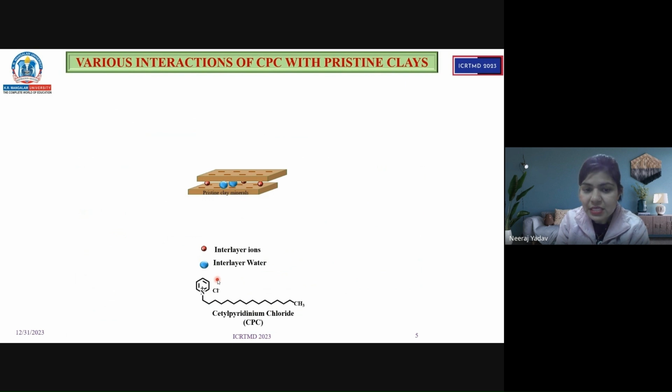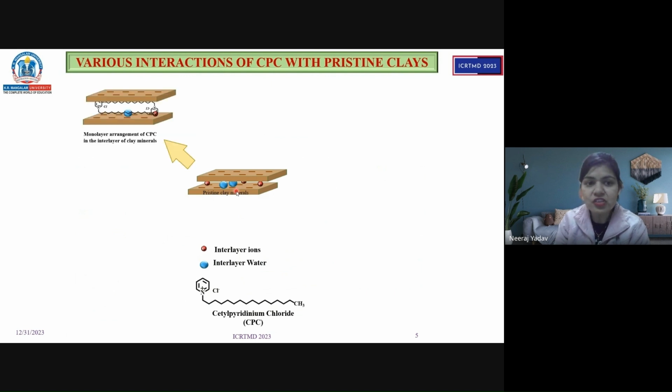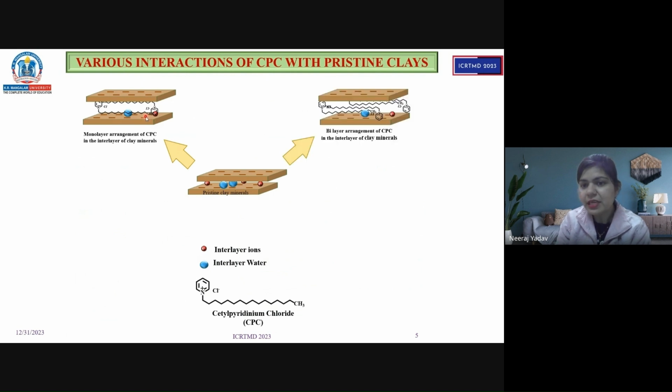When cetyl pyridinium chloride interacts with the pristine clay minerals, there are possible interactions. First, the CPC is intercalated into the interlayer by replacing the inorganic ions, arranged in the form of a monolayer. The second arrangement is in the form of a bilayer.